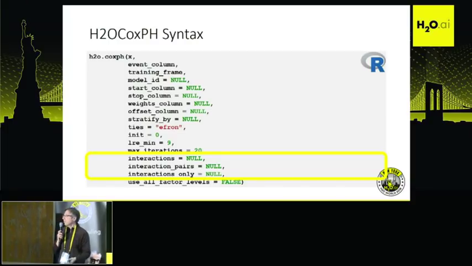While the nonlinear effects are on you to add to the model, you could specify the interaction effects using some of these parameters. And as Michal has mentioned, a new parameter that's been added to the family of parameters is the interaction pairs.